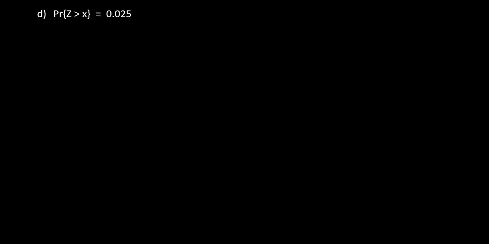Got myself more space here. Let's look at part D and what is different with this question. Well, notice that the inequality is the greater than symbol. And so in our standard normal z distribution, we're going to think about an area that is shaded to the right. The area is quite small, 0.025.